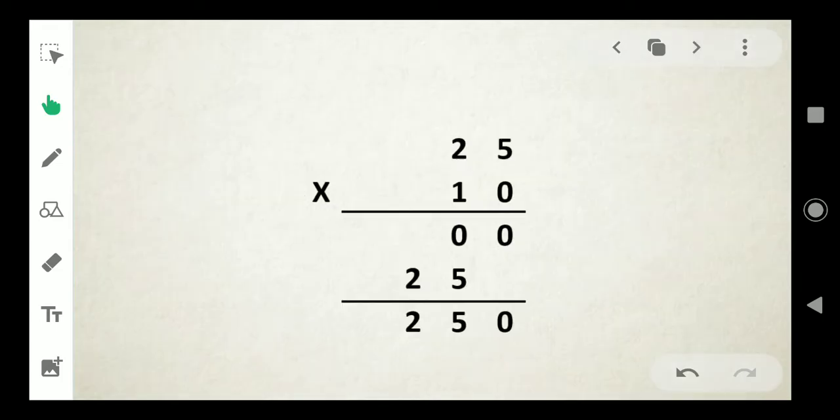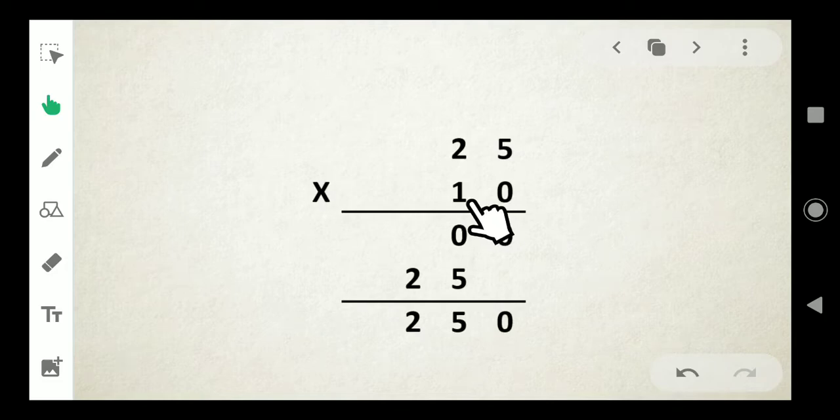Moving on to next example. 25 into 10. Here we are going to revise on how to multiply with a 2-digit number. We already learned it. When we want to multiply with a 2-digit number, first just multiply as in the case of 1-digit number itself. 0 into 5, 0. 0 into 2, it is also 0.